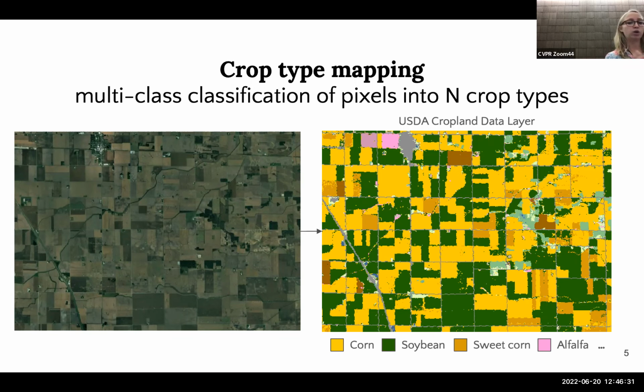There's classes of corn, soybean, sweet corn, alfalfa, wheat, water, all kinds of things, over 100 crop types that are growing in the US that are available every year in that map. So that's the kind of result that we're trying to get. We input the satellite data and now we get a prediction of one of n crop type classes.